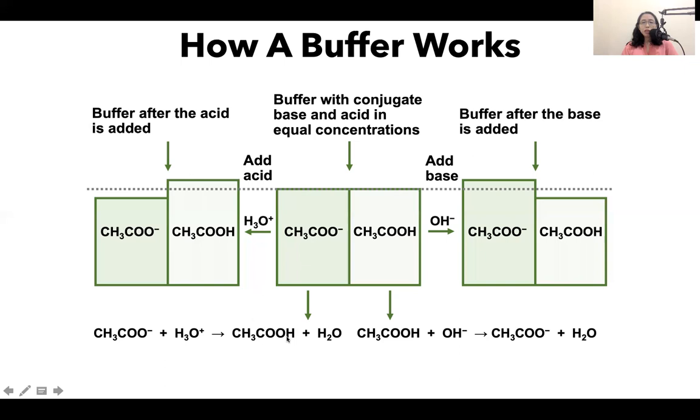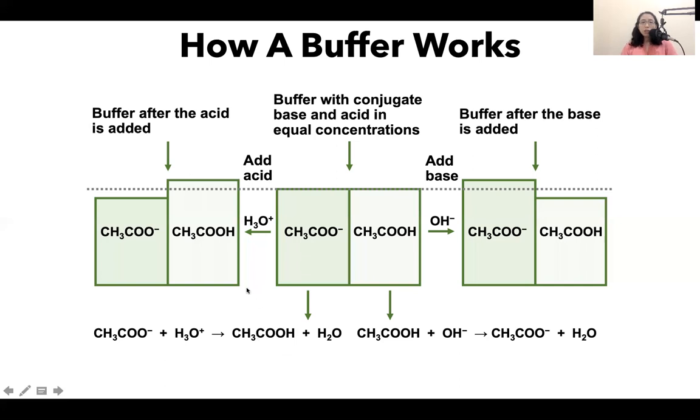So you see here the reaction between acetate and hydronium ion. So what happens is you have some amount of acetate reacting with the hydronium ion. So this is a neutralization reaction, and you produce acetic acid and water.